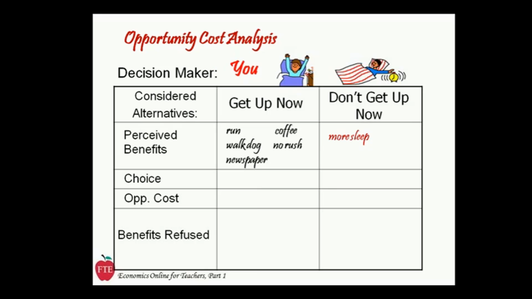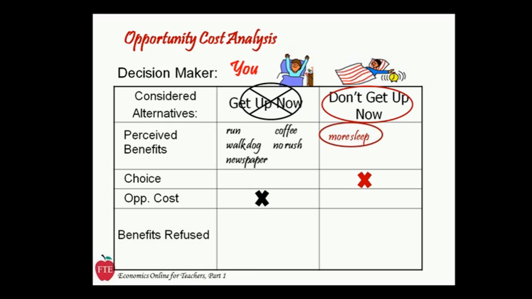Okay, so you compare the benefits and choose one alternative. Now, note that there are still only 2 alternatives, even though each one has a list of benefits. When you choose one opportunity, say, to not get up now, you give up the next best opportunity, the opportunity to get up now.